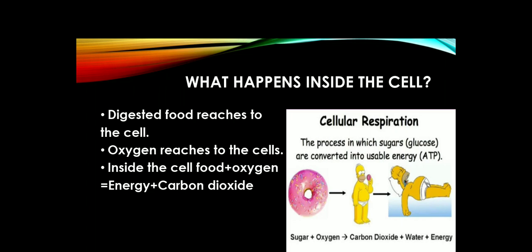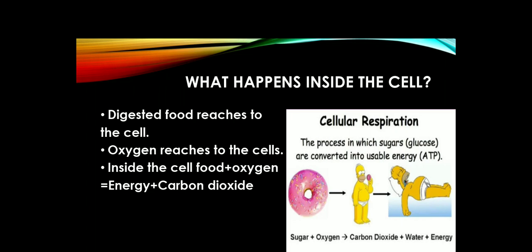The food that we digest reaches each cell of our body. The oxygen that we take in during respiration reaches each cell. Both of these are carried by the blood.